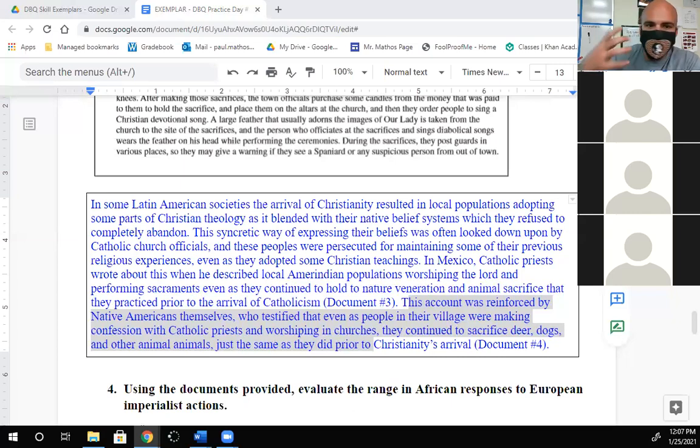It's a really good mix of detail there. And then the second one is sacrificing deer, lighting candles, but then also blending spirits of nature with Christianity. Really good support. A little bit better on the thesis, and you've got it.